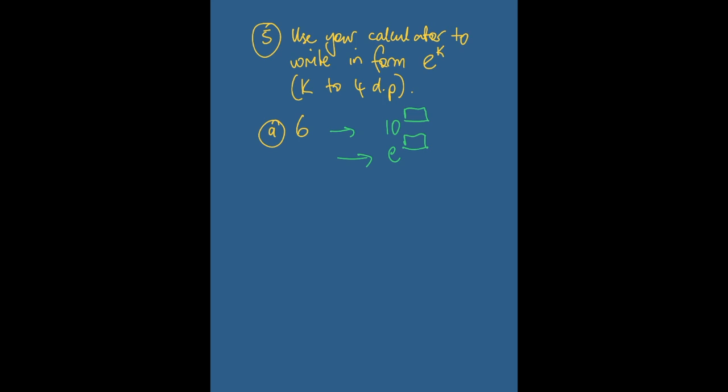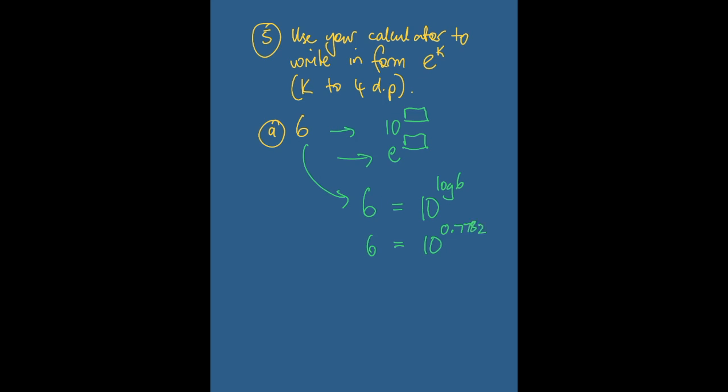So what that's going to be is this 6, I can express this as 10 to the log of 6. So if I go to my calculator and find out what is the log of 6, the answer is 10 to the power of, the log of 6 is 0.7782.